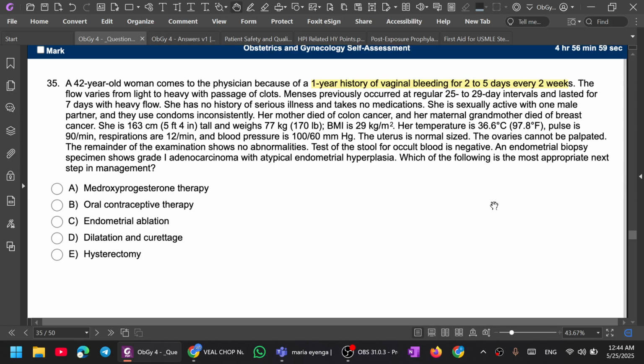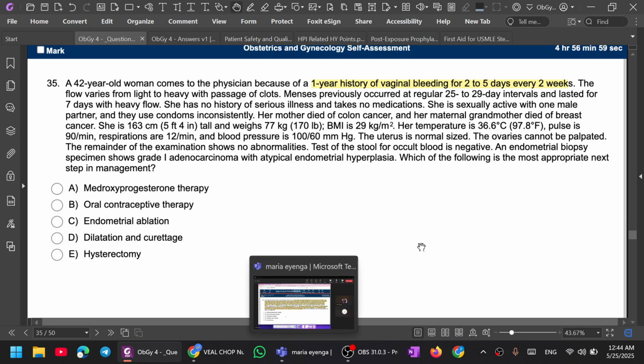She is 5 feet 4 inches tall, 77 kg, BMI 29 kg/m2. Temperature is 36, pulse is 90, respiration is 12, blood pressure 100/60. Uterus is normal sized.